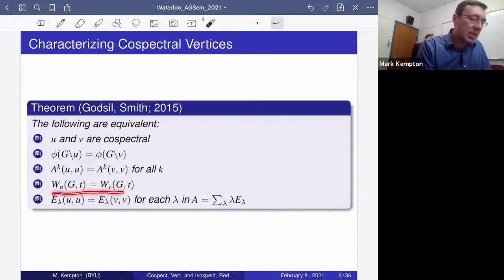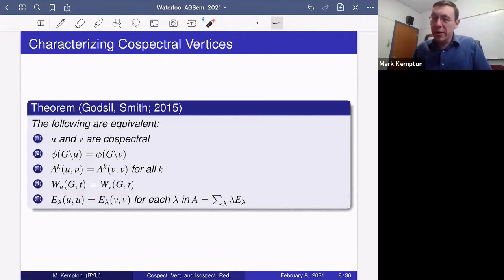This implies that U and V have the same walk generating function. And another equivalent statement is that if you look at the spectral idempotents in the spectral decomposition of the adjacency matrix, then the diagonal entries at each of those spectral idempotents are the same at the diagonal entries corresponding to U and V. So we have some important ways of characterizing when 2 vertices are cospectral.